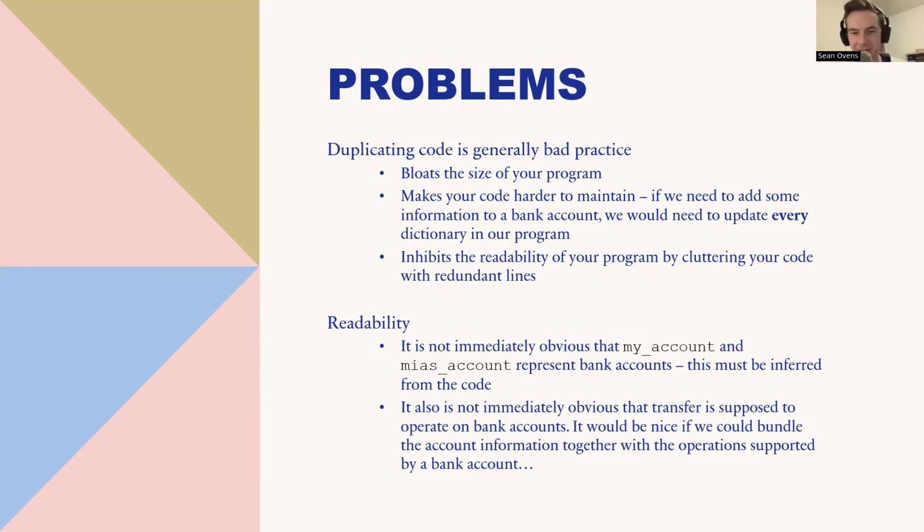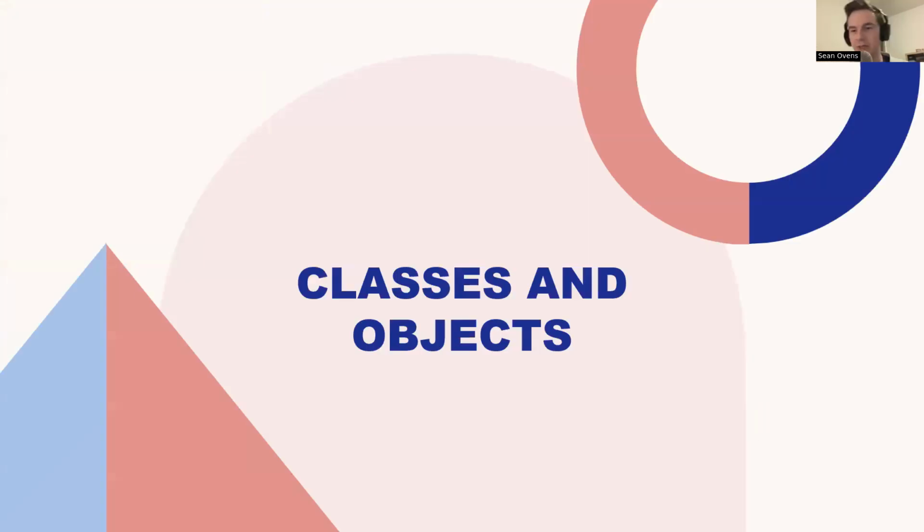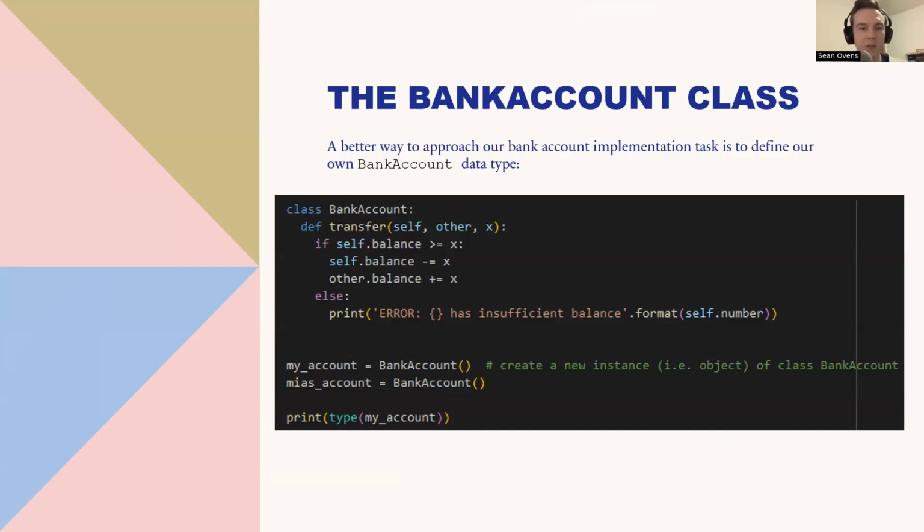And that is some very obvious foreshadowing for this next section, which is about classes and objects and the concept of object-oriented programming in general. So a much better way to approach our bank account implementation task is to explicitly define a data type that represents a bank account. To do this, we define a class right here.